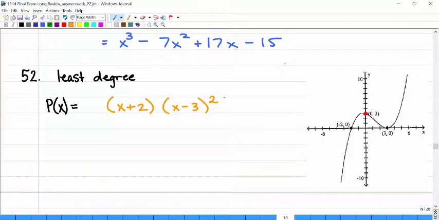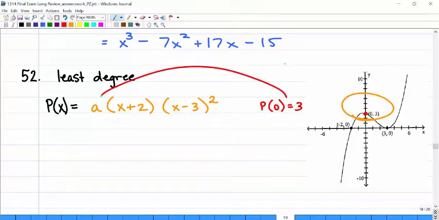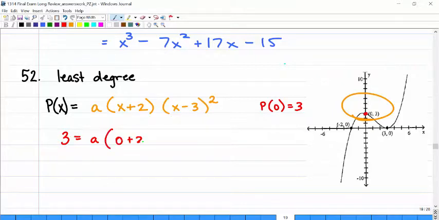We saw in a previous example we needed to put an a up here so that we could take care of a separate condition, and in this condition we know that p of 0 has to equal 3, and we're going to use that to solve for a. Okay, how do we do that? 3 is going to equal a times (0 plus 2) times (0 minus 3) squared.